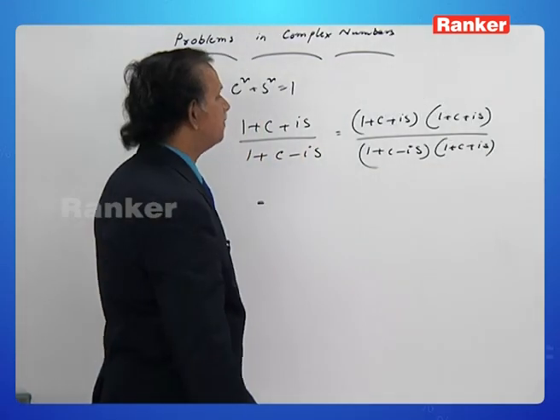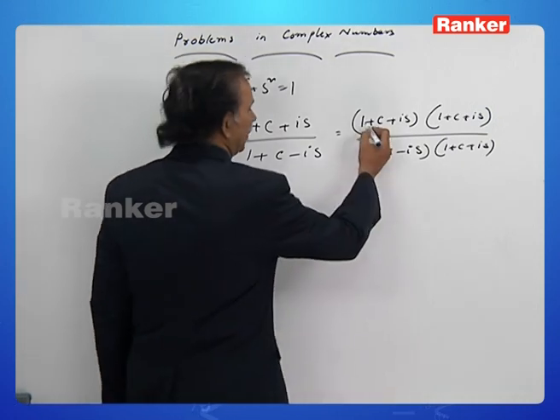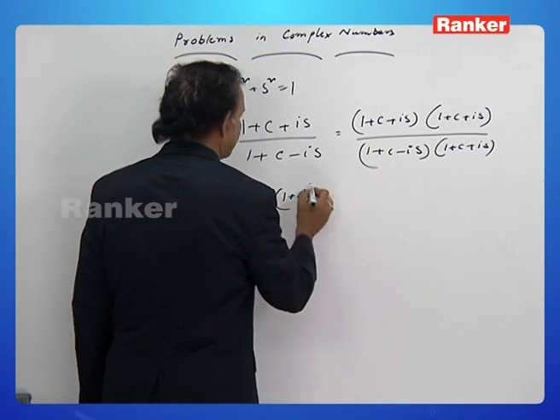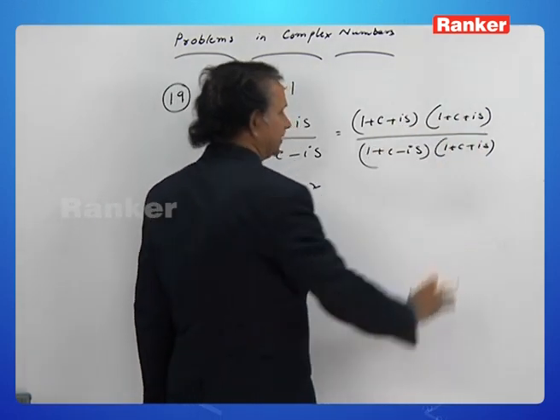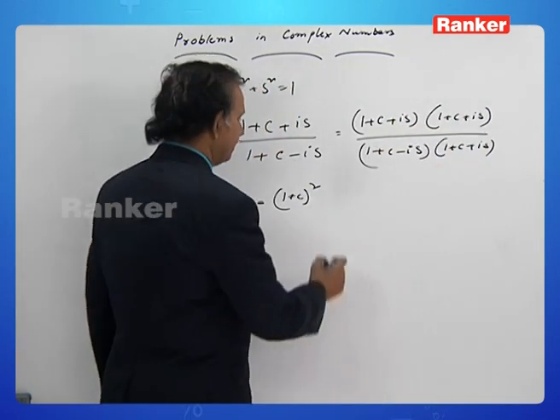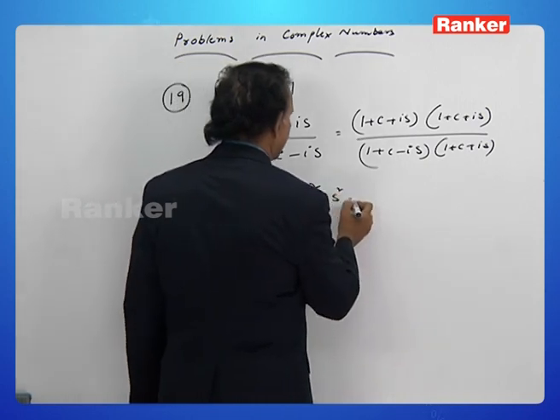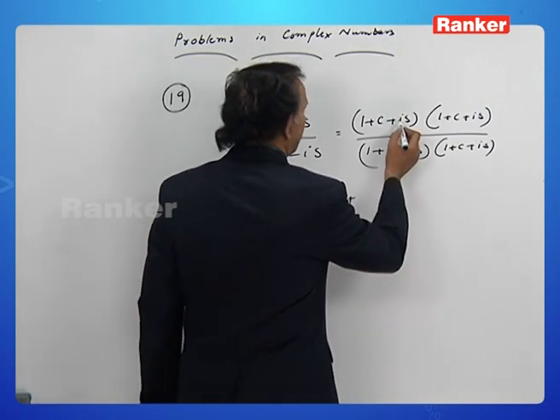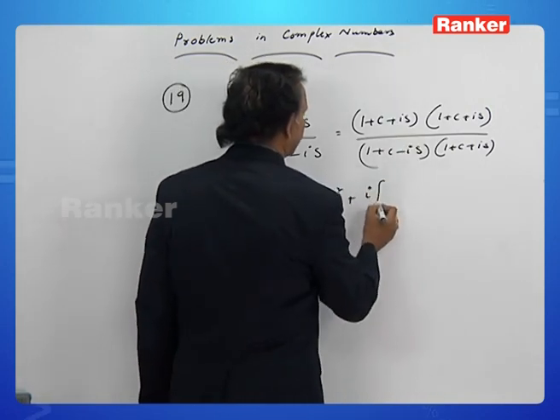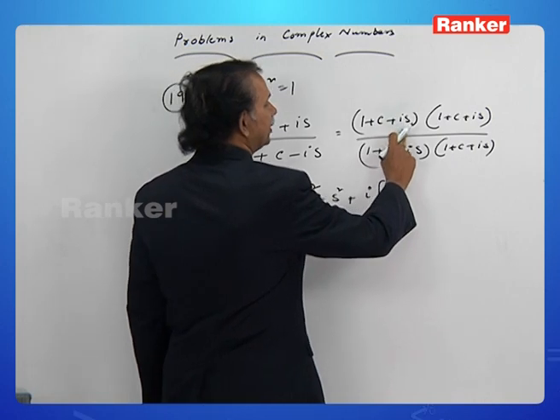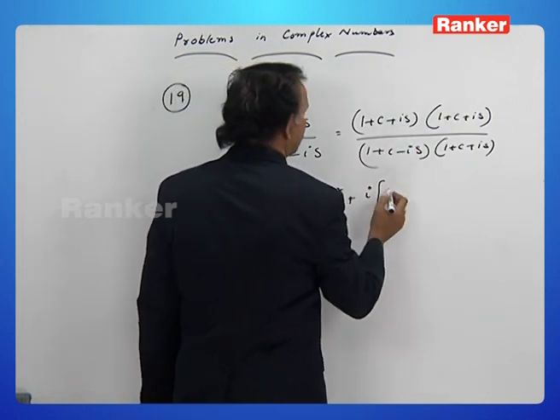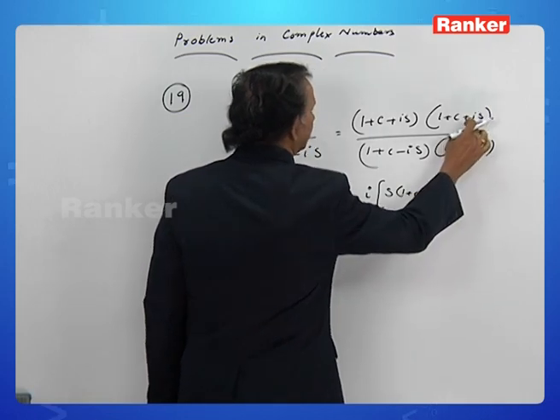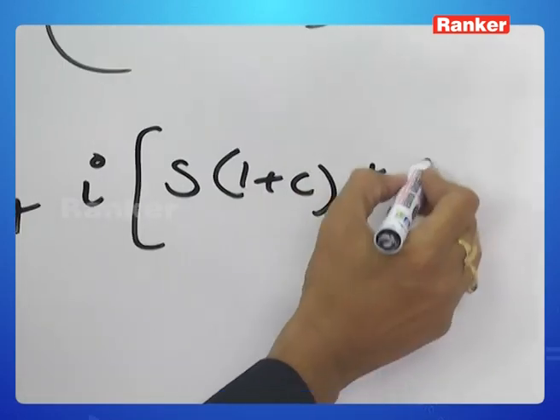Now, let us expand the numerator. 1 plus is into 1 plus is, 1 plus c whole square, is into is, I square s square, that is minus s square. This is the real part. Now the imaginary part, I into s into 1 plus c, I into s into 1 plus c.